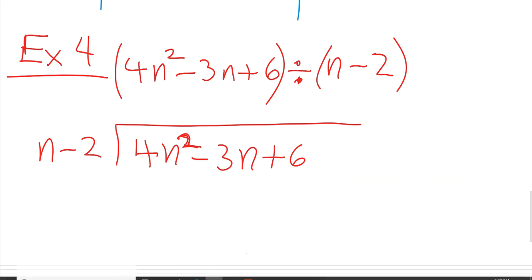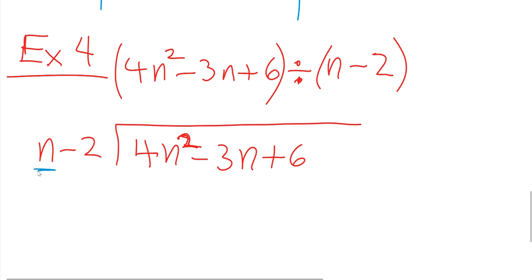Right now we're looking at this first term. How many times does n go into 4n squared? Well, n times 4n would be 4n squared.